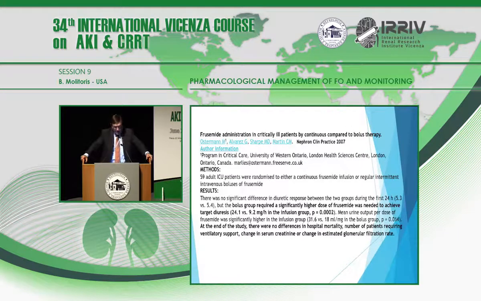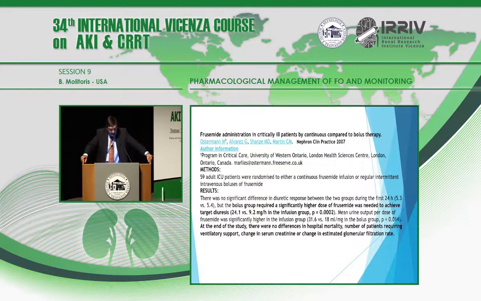And the bottom line of this small ICU study that was well controlled and well done is that, in the bold print there in results, the bolus group required a significantly higher dose of furosemide needed to achieve target diuresis, 24 versus 9 milligrams per hour of infusion, but the overall diuresis was the same, the overall hospital outcome was the same, the change in serum creatinine and the change in eGFR were all the same, whichever you gave, bolus or continuous.